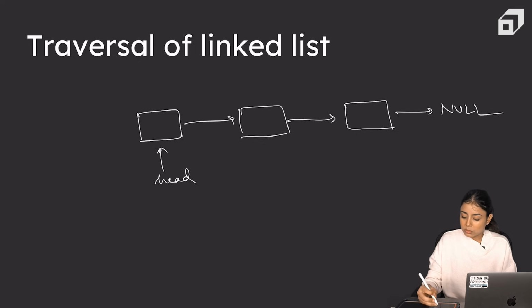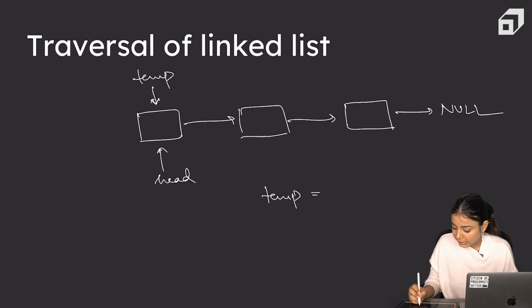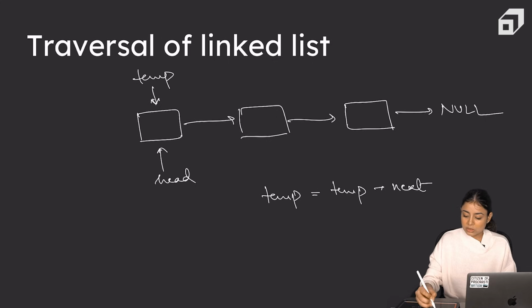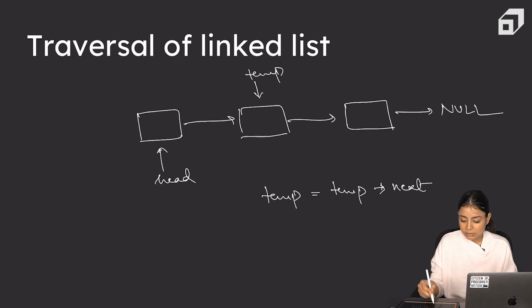To traverse all of the nodes, I can take a temp pointer which is at head, and I can keep moving temp by one step. How do I move the temp pointer to the next node? I can say temp is equal to next of temp. This will move my temp pointer to here, because this is the current temp, next of temp. And similarly, if I keep repeating this, I will be able to traverse my linked list, right?